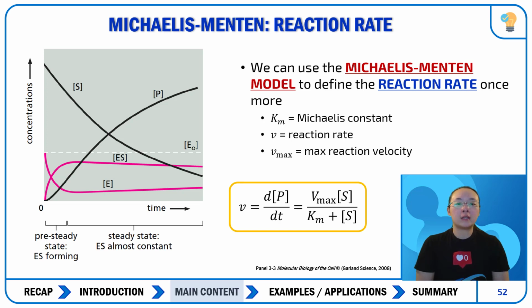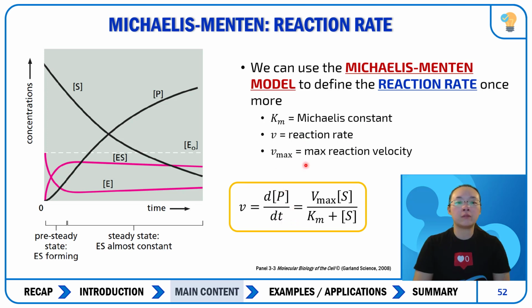So what exactly can we get from this graph in relation to reaction rates? We can then use the Michaelis-Menten model to define the reaction rate once more. So now we're switching to something else. We call Km the Michaelis constant. We call V the reaction rate, which was equal to dP over dt.